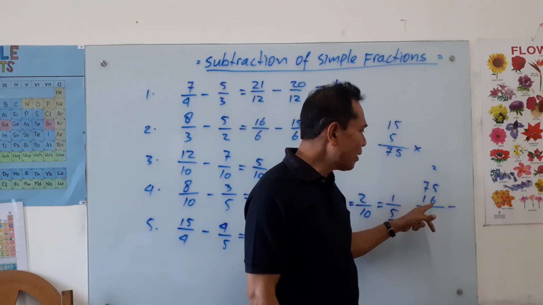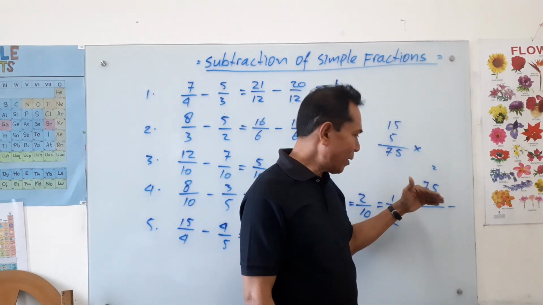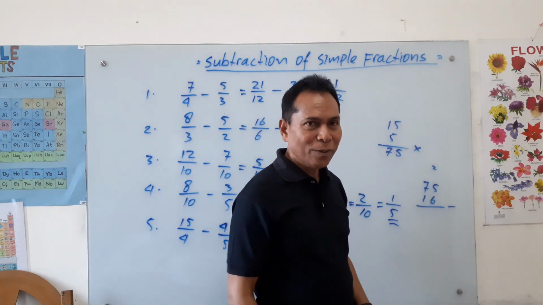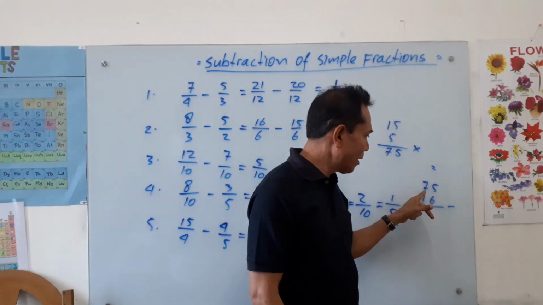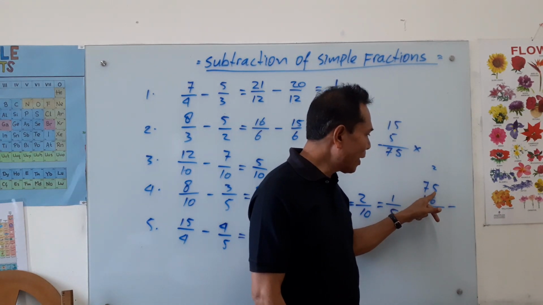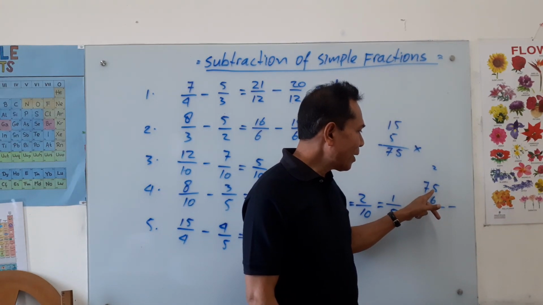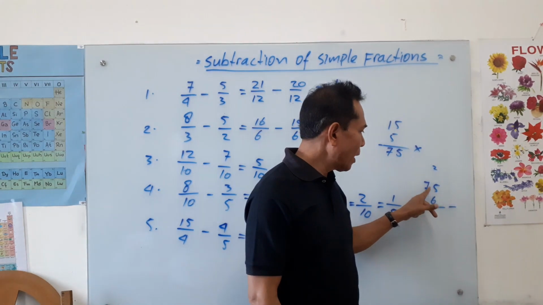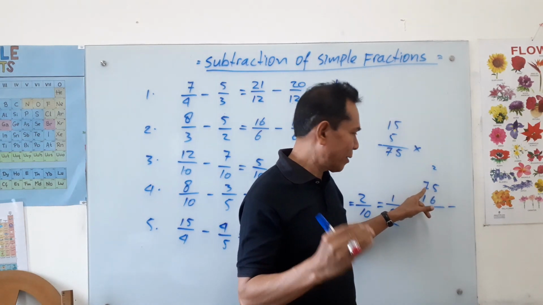Now, 5 is smaller than 6. So you cannot subtract it. You need to borrow 1 from here. 1 from 7. Ask him to give you 1. So take 1 from here to make it 15. So this 1 is 15 now. And this 7 is 7 no more. It is now 6.